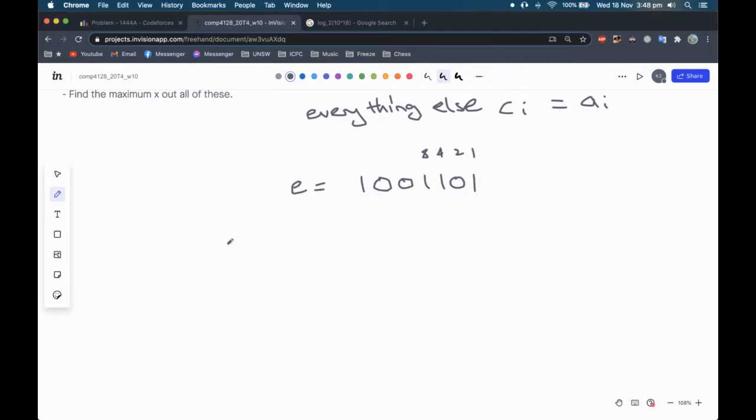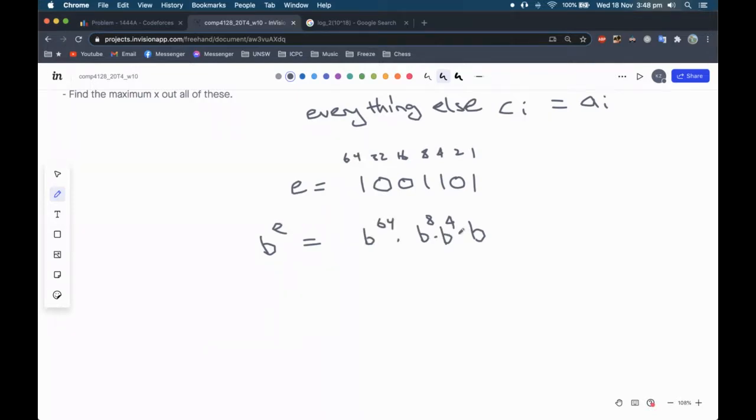The observation is that b to the e is equal to, for every single bit that is set, we multiply by b to the power of the value of that bit. So if the first bit is set, we multiply by b. This one is not set. If this one is set, we multiply by b to the 4, and then b to the 8, and then 32, b to the 64.